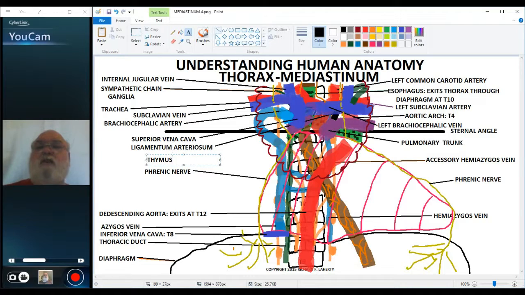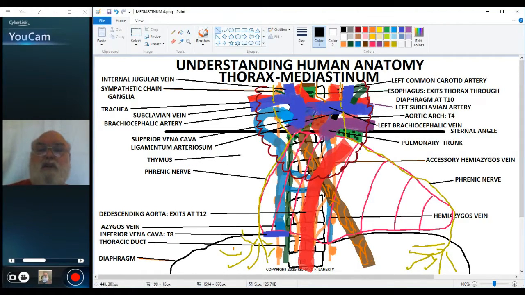The thymus does secrete hormones known as thymosins, and it is necessary for the proper development of T cells of the immune system, a type of lymphocyte.